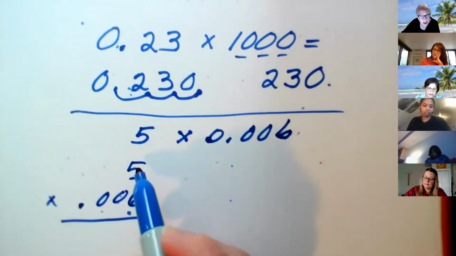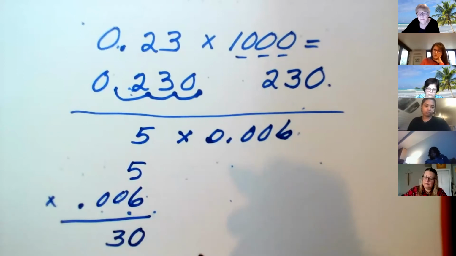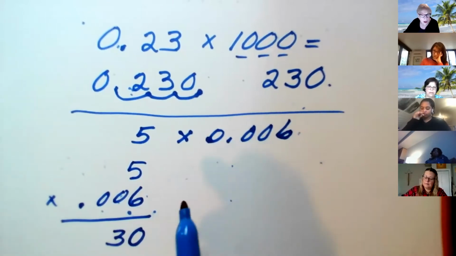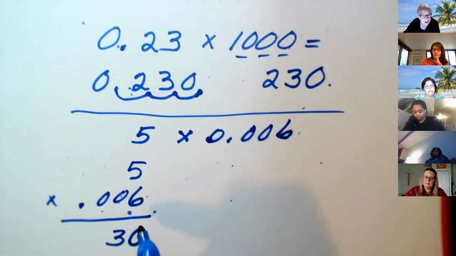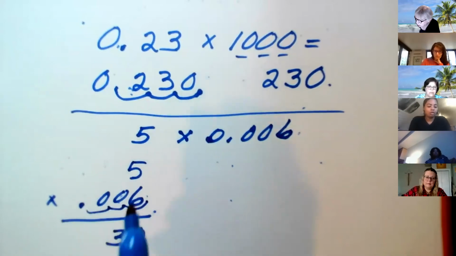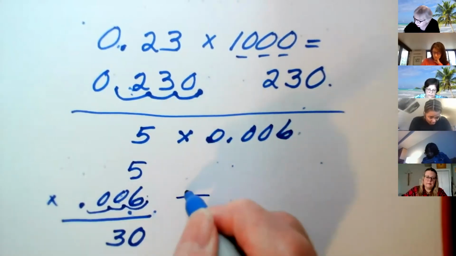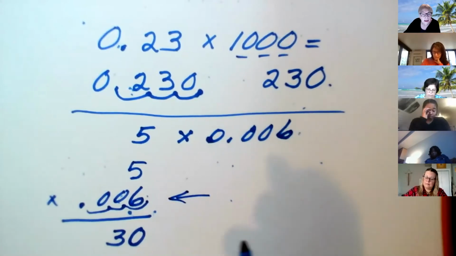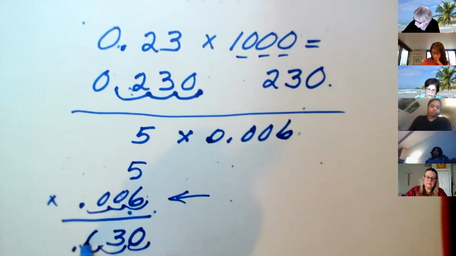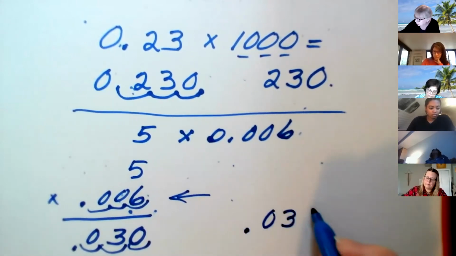The real computation is 5 times 6 is 30. But what we need to do is shift the decimal. So this is 1, 2, 3. And what are we doing? It's 3 that way. And so 1, 2, 3. So what I'm seeing is 0.030 so far.